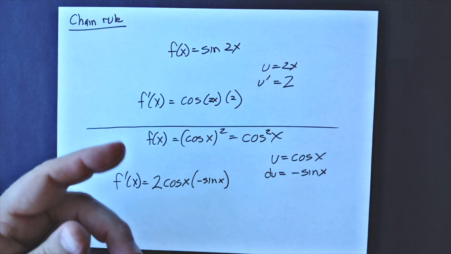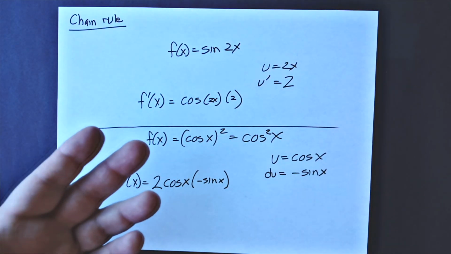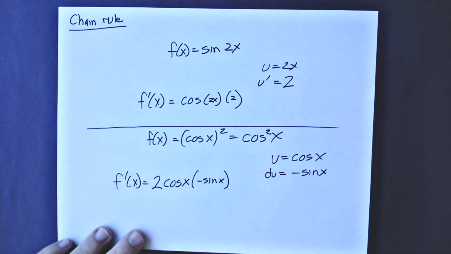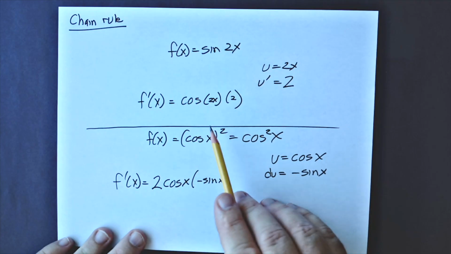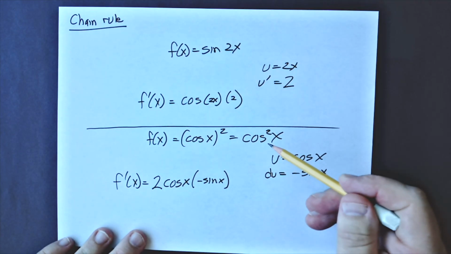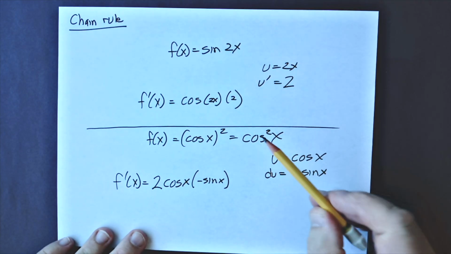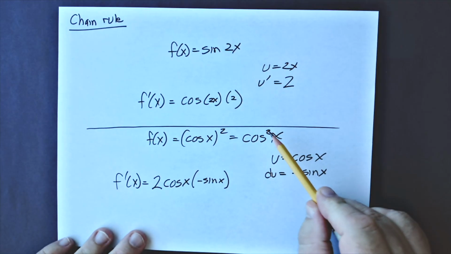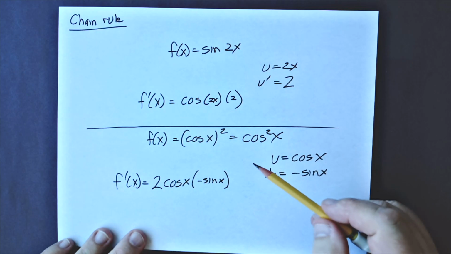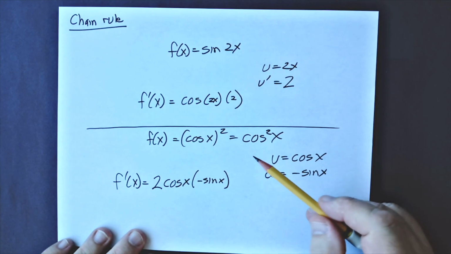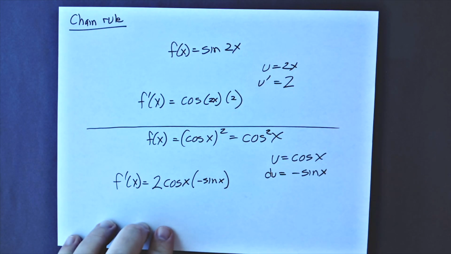The other way is where the trig function is the inner function, not the outer function like it was here. So in this case, let's say that I have cosine x squared, the function squared. And remember, it can be written like this. So this is very tricky. When you see that squared here, these are the same thing. So in this case, the outer function is u squared. So then we say, well, what's the derivative of u squared?